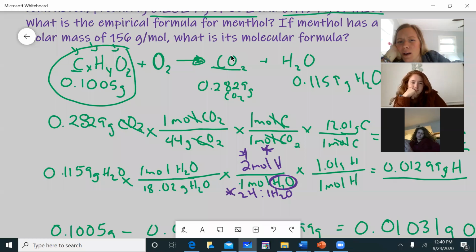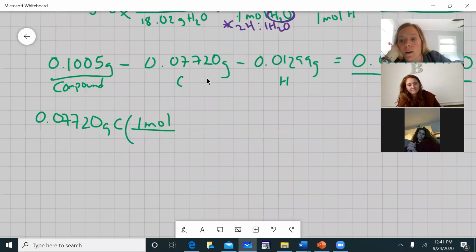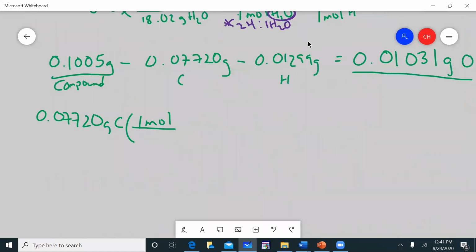If I calculated how much oxygen I had in here and how much oxygen I had in here, it would give me this oxygen plus this oxygen. We don't want the oxygen added. We just want this oxygen. And it would be a total pain to do anyway. So just subtract. Find the carbon, find the hydrogen, subtract from the original to get the oxygen. Okay, good with that, Brooke? Yes. Cool.